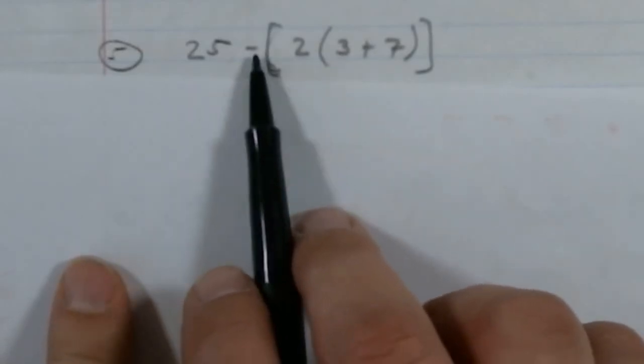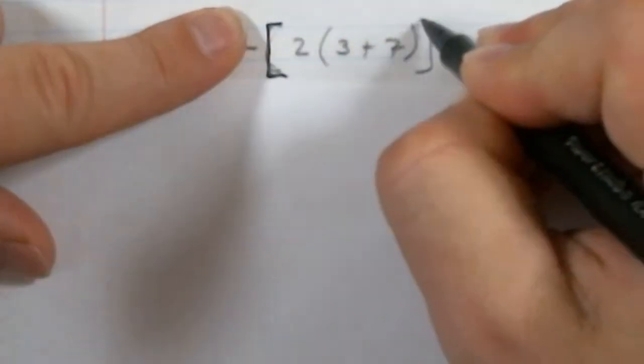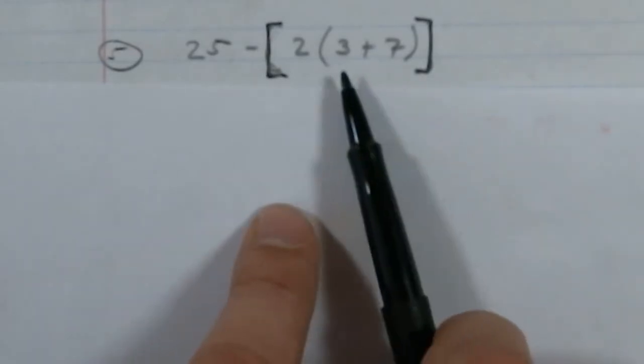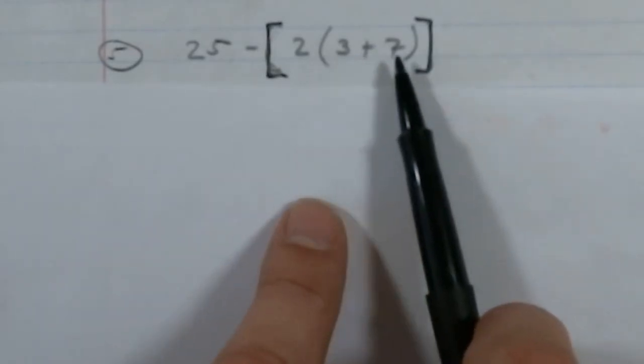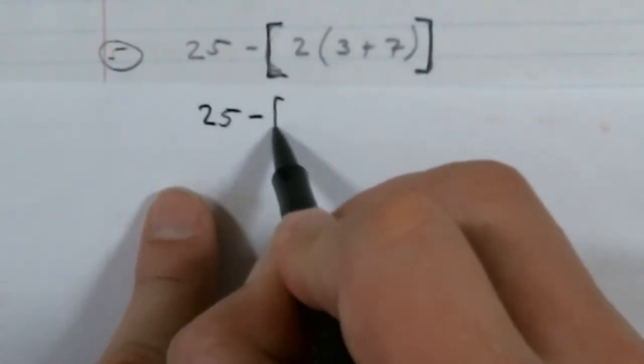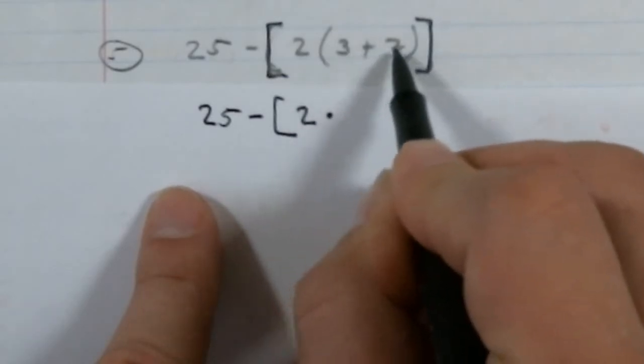25 minus this big old bracket with all that information. In PEMDAS, it says you do parentheses first. So 25 minus bracket 2 times, what's 3 plus 7?